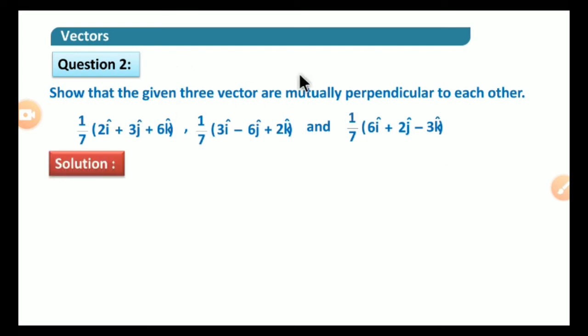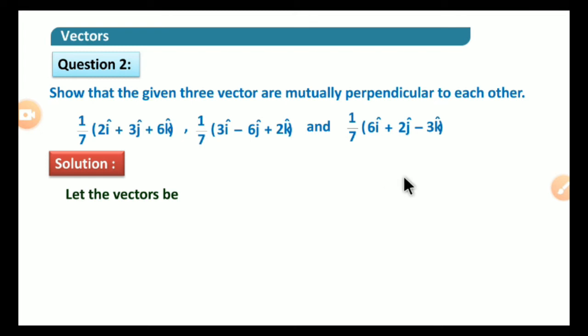We have to prove that they are mutually perpendicular to each other. Mutually perpendicular means we have to show A dot B equal to 0, B dot C equal to 0, and similarly C dot A is also equal to 0.